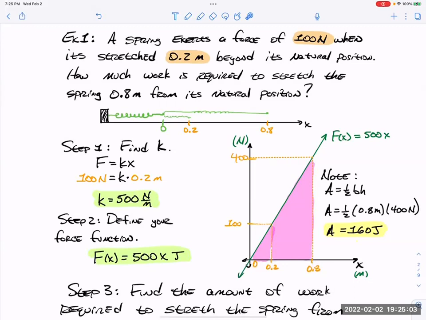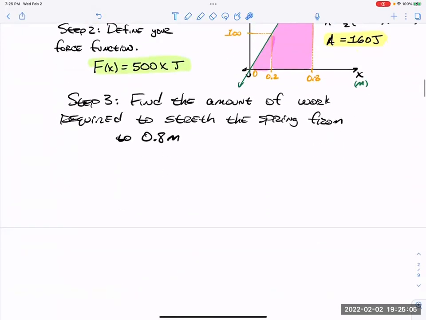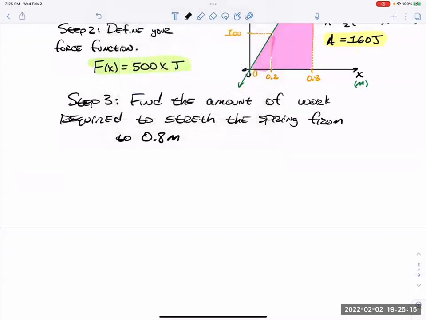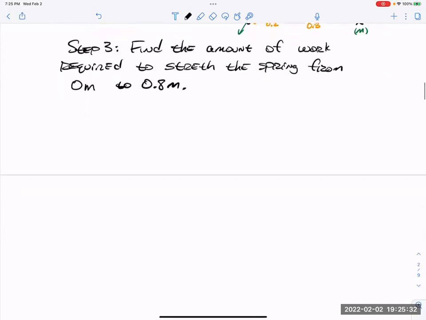Step 3 is to find the amount of work required to stretch the spring from 0 meters to 0.8 meters. I noticed my notes had 0.2, I think that was an older version of my notes, but that's fine. Now let's go ahead and work on this.